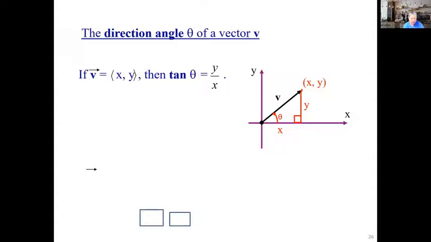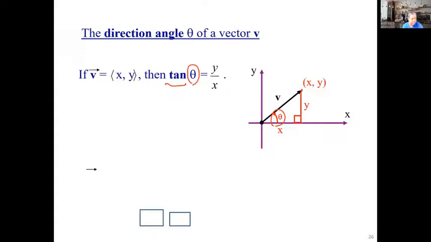Then with this situation, the tangent of the angle placed here will be the ratio of the vertical length y over the horizontal length x, so it's opposite over adjacent, y over x, right?